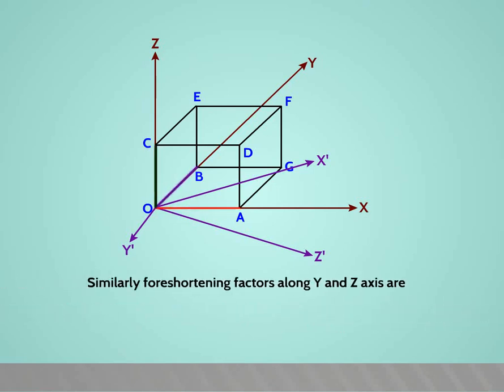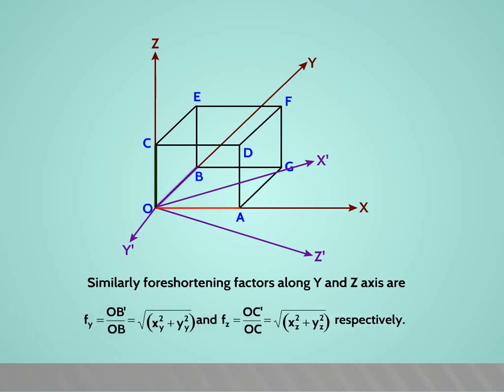Similarly, the foreshortening factors along the y and z axes are fy = OB'/OB = square root of (xy square plus yy square), and fz = OC'/OC = square root of (xz square plus yz square) respectively.